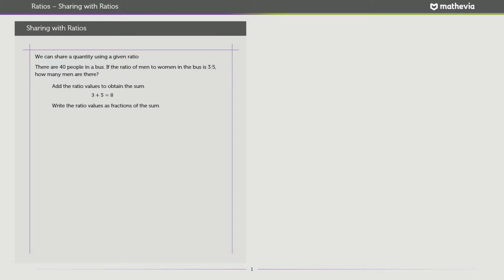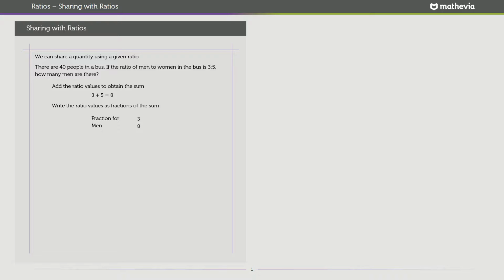So the sum is 8, and for men, I'm going to say 3/8. Because the 3 stands for men, I write the ratio value as a fraction of the sum. So we write the ratio value 3 as a fraction of 8, so 3/8.